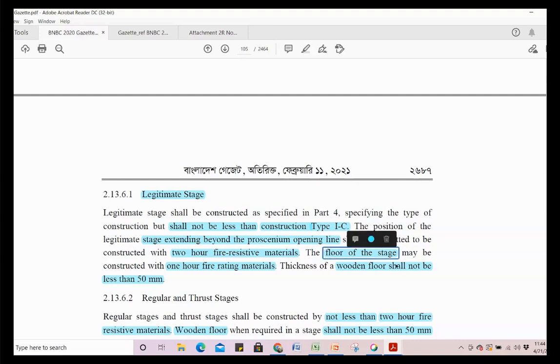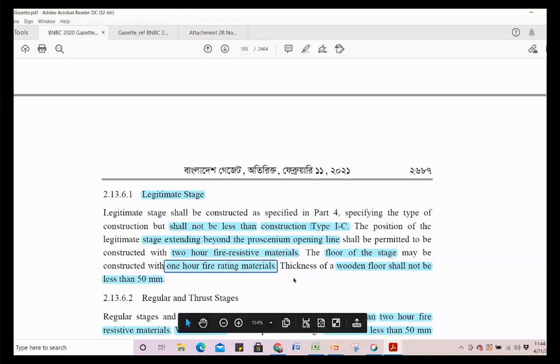The floor of the stage may be constructed with 1 hour fire rating materials. As you know, usually it is made of wood. Wooden floors are preferred in most of the cases. So it has to be 1 hour fire rating. Thickness of the wood floor shall not be less than 50 millimeter.